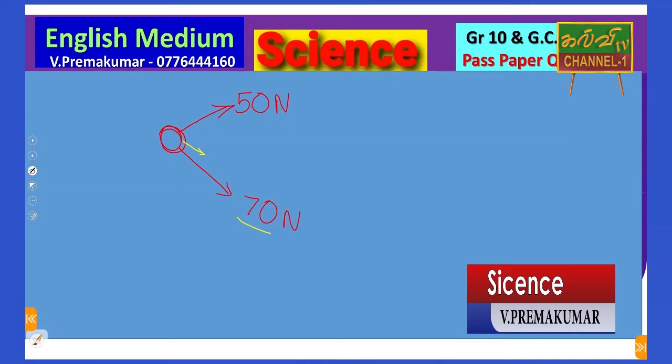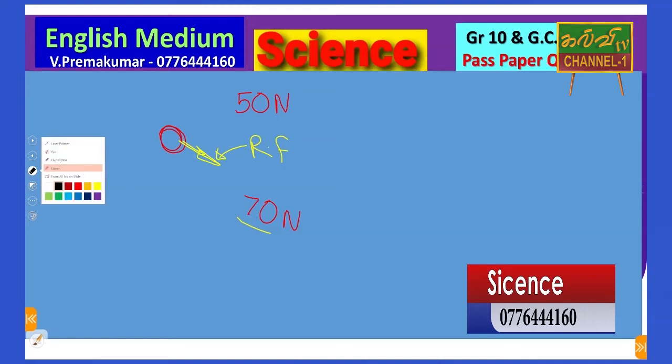That time, the resultant force between them, this is the resultant force of 50 and 70. Now we just say this is about 65 Newton.